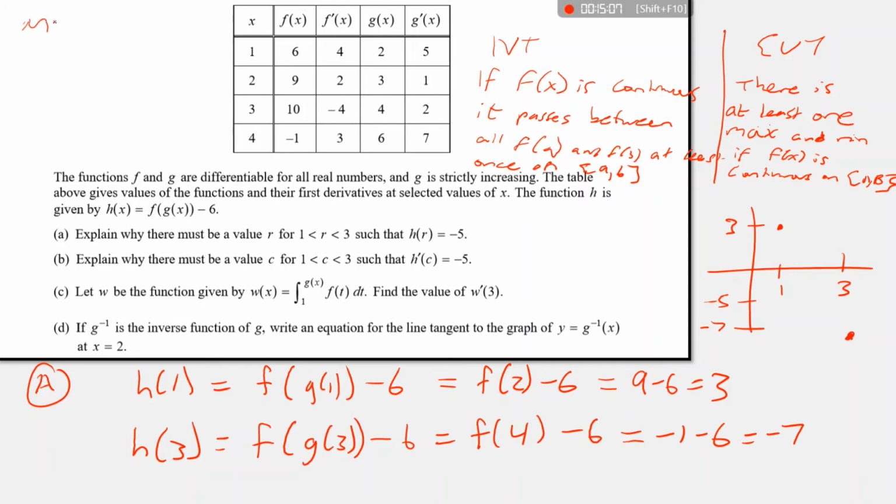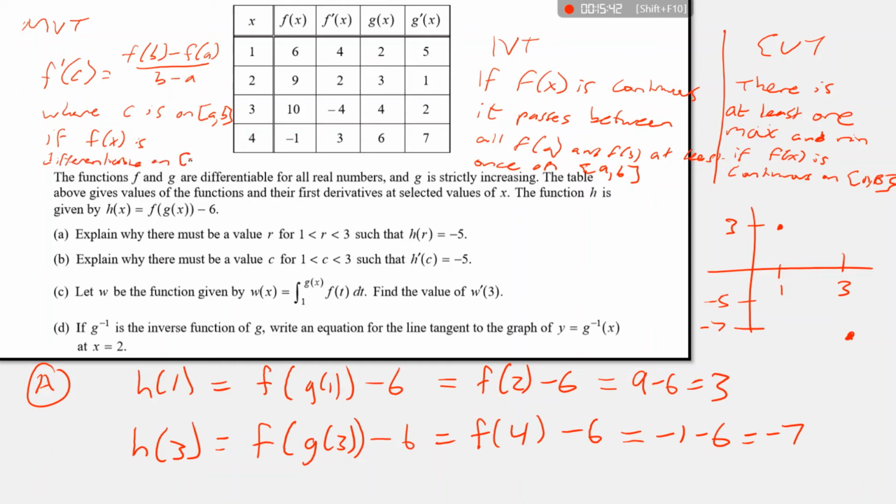Okay, mean value theorem says there is a point C on the interval AB such that the derivative is equal to the average slope, if f of x is differentiable on AB.